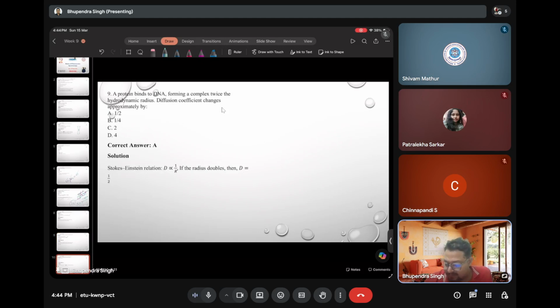which is: a protein binds to DNA, forming a complex twice the hydrodynamic radius. Diffusion coefficient changes approximately to what?